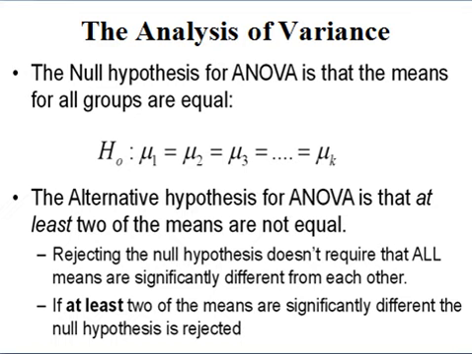It should be noted that rejecting the null hypothesis does not require that all means are significantly different from each other. If at least two of the means are different, then the null hypothesis will be rejected. So let's say I am running an experiment at 15%, 20%, 25%, 30%, 35%, so it will be comparing all those means, and if there is a statistically significant difference between any two levels, the null hypothesis will be rejected.